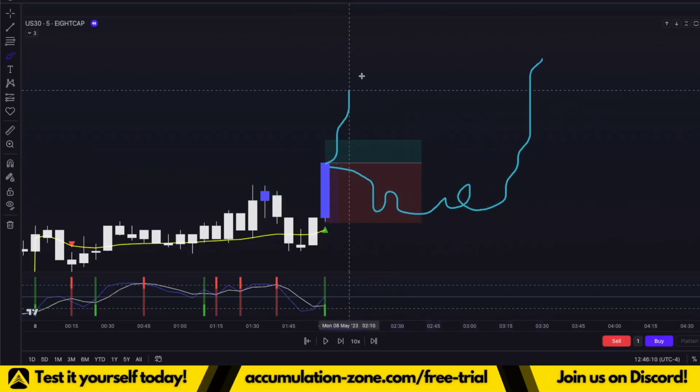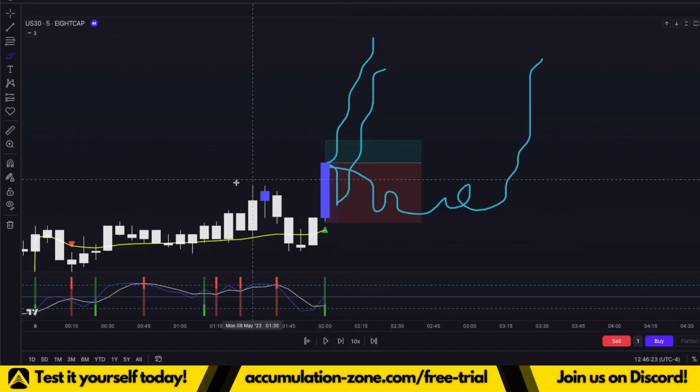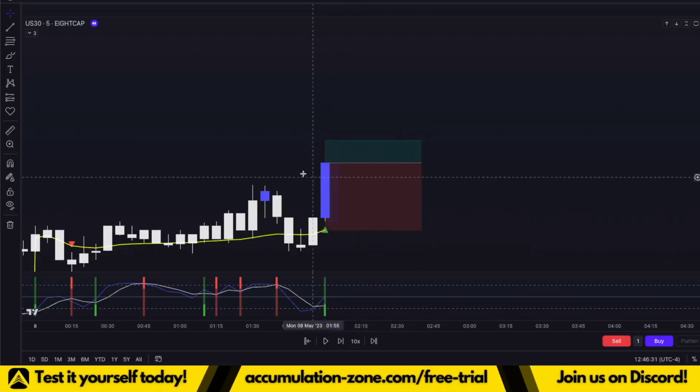I would like to see it go straight to the upside, but I still want to give it some room in case we retrace to the 50% level or a little bit further and then bounce back and hit our take profit target. This is the trade idea, and based on that, I place my stop loss right here at the VWAP to allow it some room to breathe.